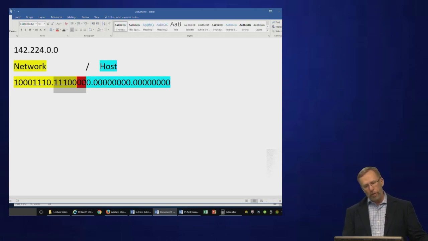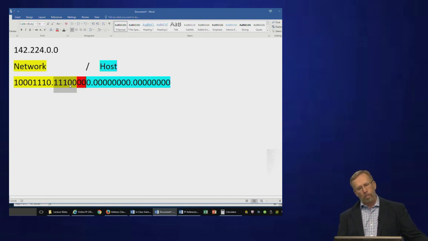These bits, if I made them all ones, would be the end of the network. So I have 128 plus 64 is 192, plus 32 is 224, plus 16 is 240, plus 8 is 248.